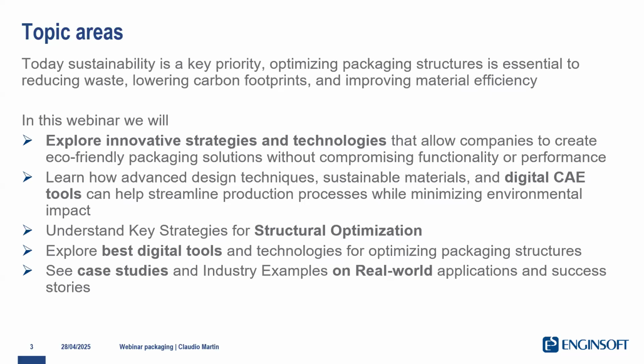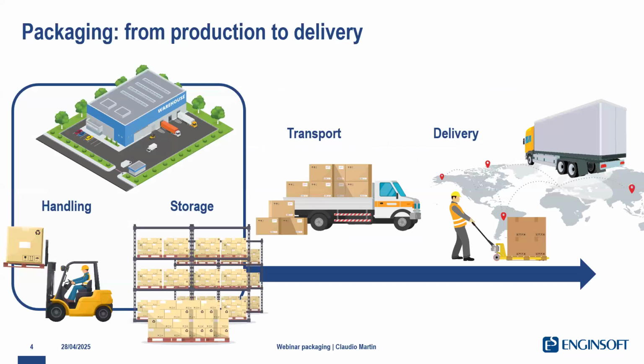I'm Claudio Martin, and I've been working on simulation of household appliances for about 10 years. In today's presentation, I'll give you a brief overview of some of the activities we follow on this topic. So we can start from this slide, and talking about the packaging, we have to consider that it has to protect the product in several phases, from production to delivery.